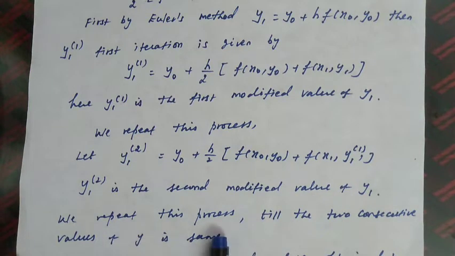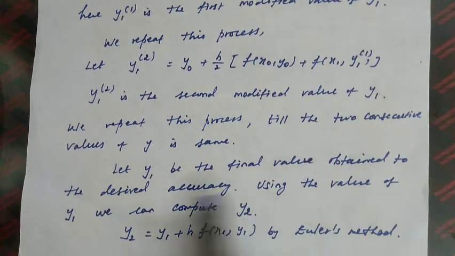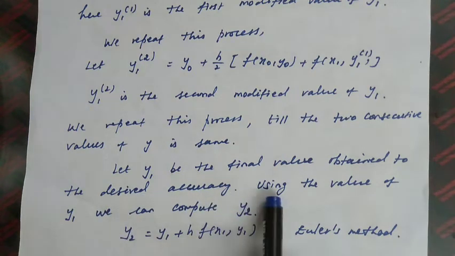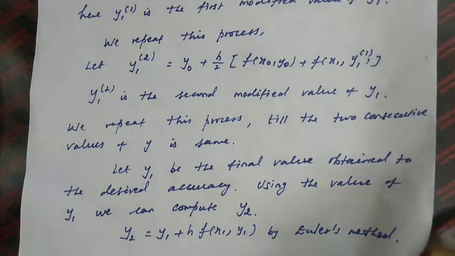We repeat this process till two consecutive values of y are the same. Let y1 be the final value obtained to the desired accuracy. Using the value of y1, we can compute y2. y2 equals y1 plus h into f of x1 y1 by Euler's method.